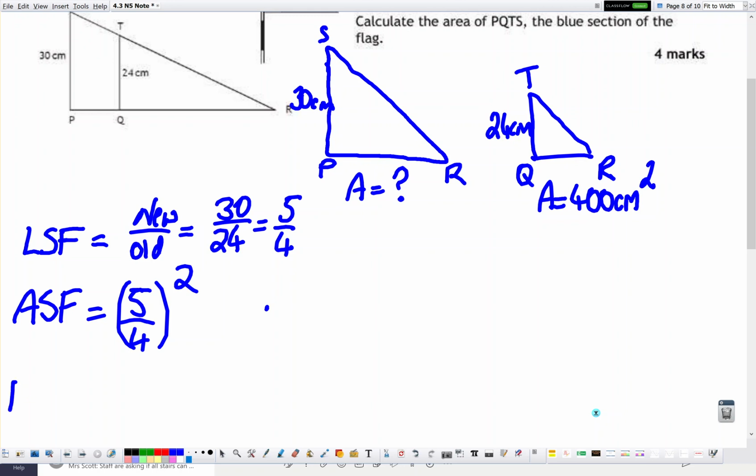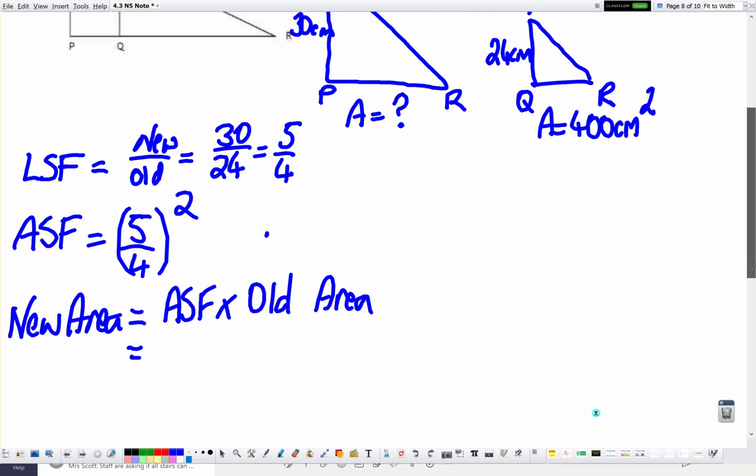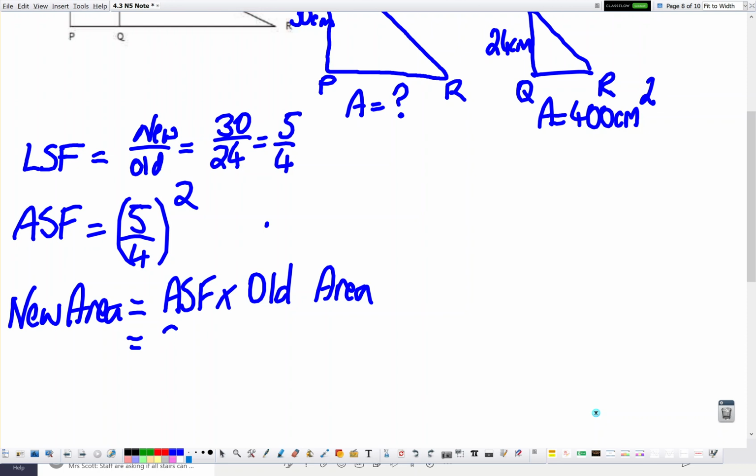So the new or big area is the area scale factor multiplied by the old area. That's 5 over 4 squared multiplied by 400.